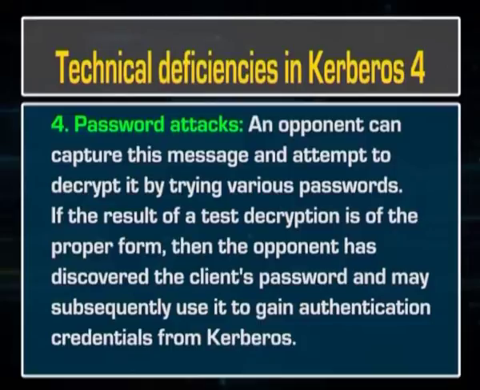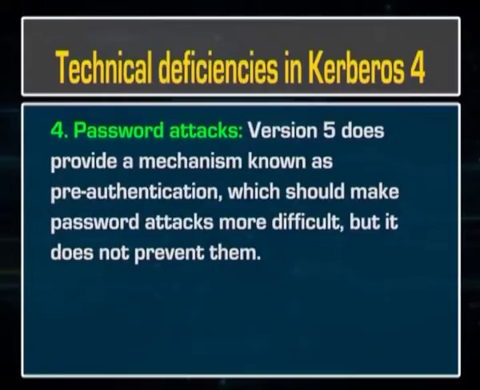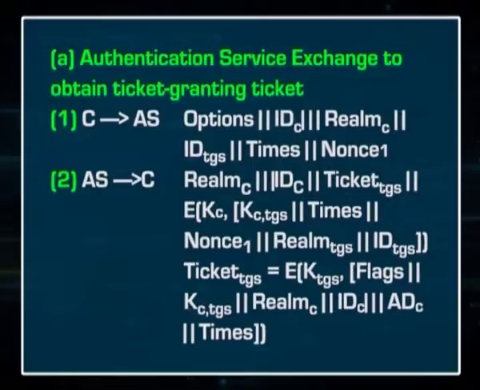If the result of a test decryption is of the proper form, then the opponent has discovered the client's password and may subsequently use it to gain authentication credentials from Kerberos. Version 5 does provide a mechanism known as pre-authentication, which should make password attacks more difficult, but it does not prevent them. The version 5 authentication dialog is as shown on the screen.